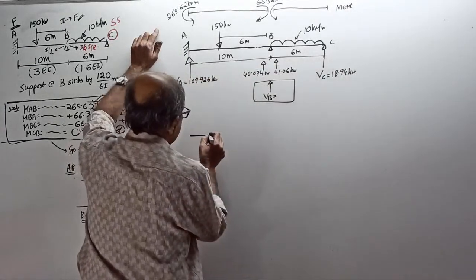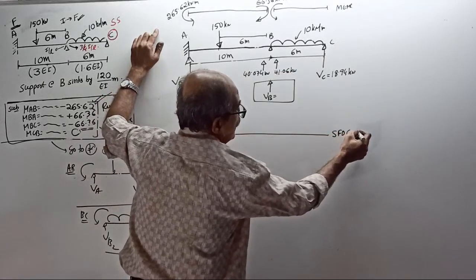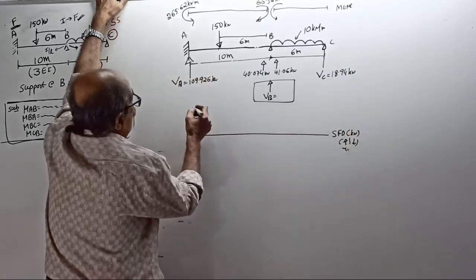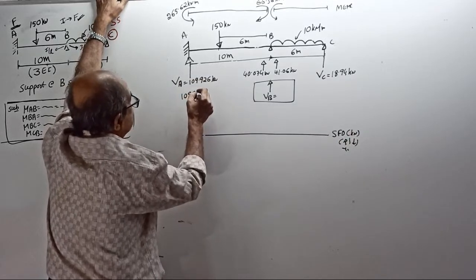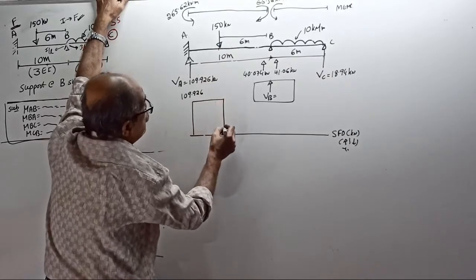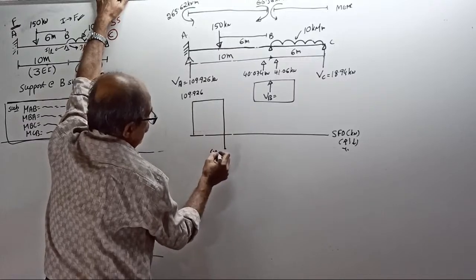Okay, baseline. This is the shear force diagram. All values are in kilonewton. Left up, right down, positive. Start. Go up by 109.926. No load up to here. Come down by 150, it will be only 40.074.